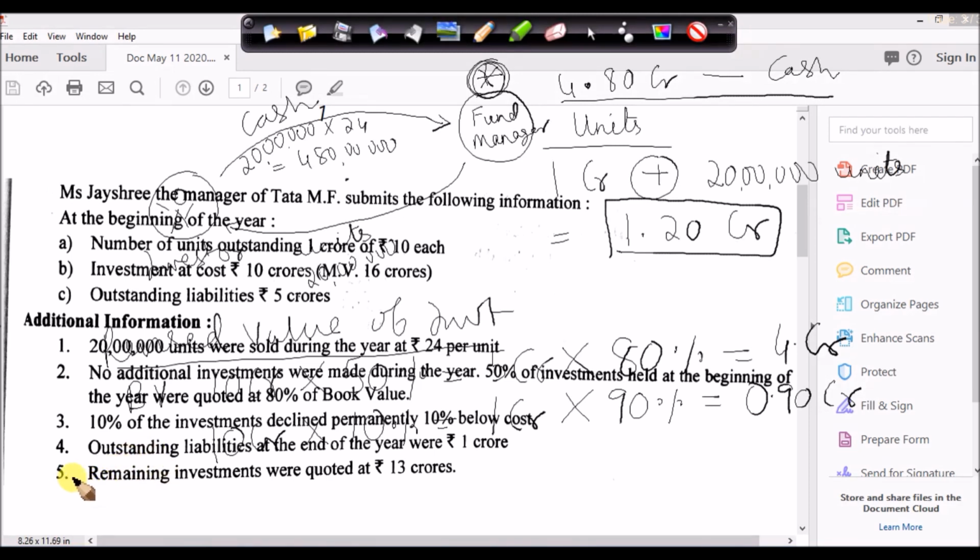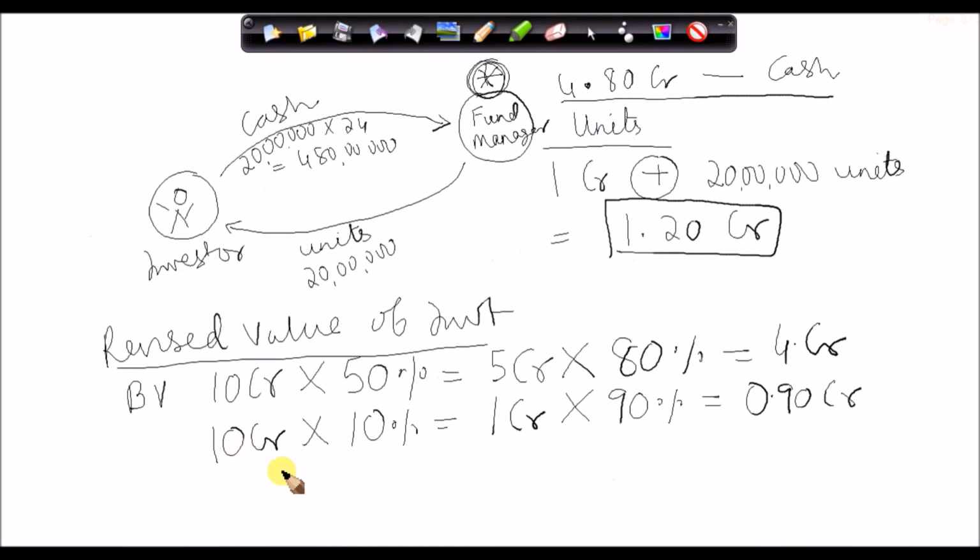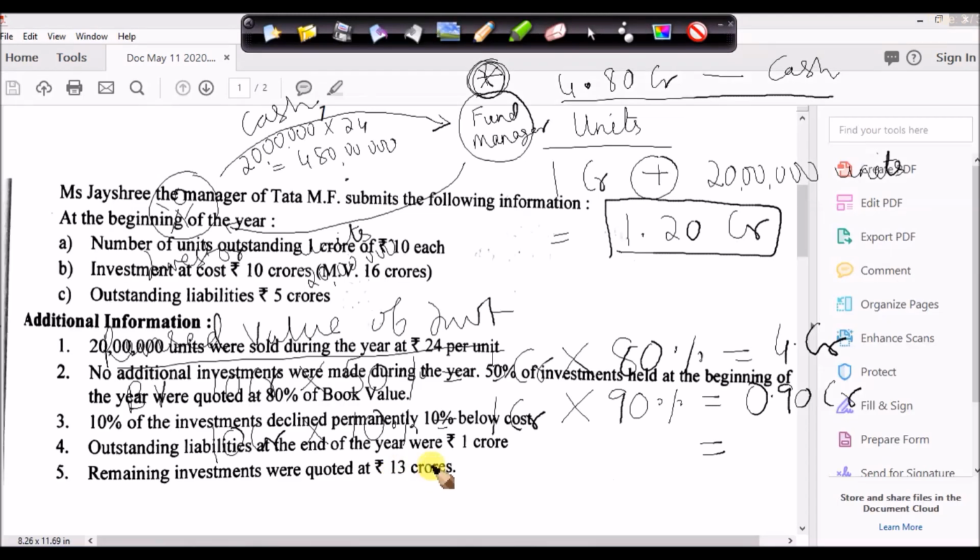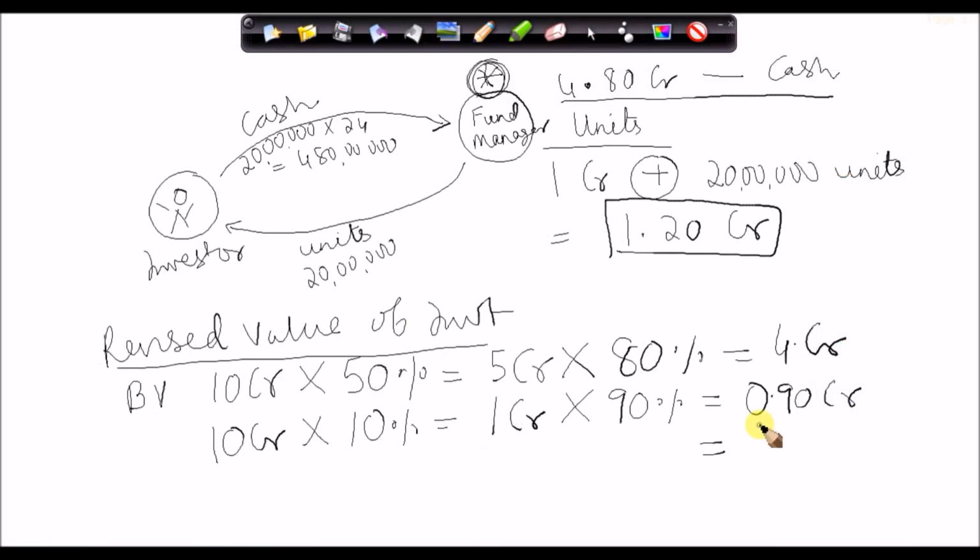Okay. Now we are going to read the fifth part right now. The remaining investments were quoted at 13 crores. Okay, now they are quoted at 13 crores. So the question that arises here is, in this problem, what about this cash balance?